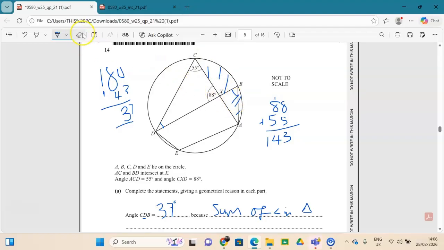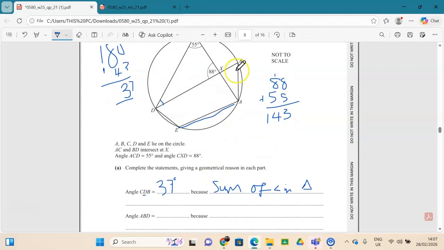It's very easy. These angles are actually formed in the same segment. If I separate this whole major segment, these two angles are formed in the major segment.